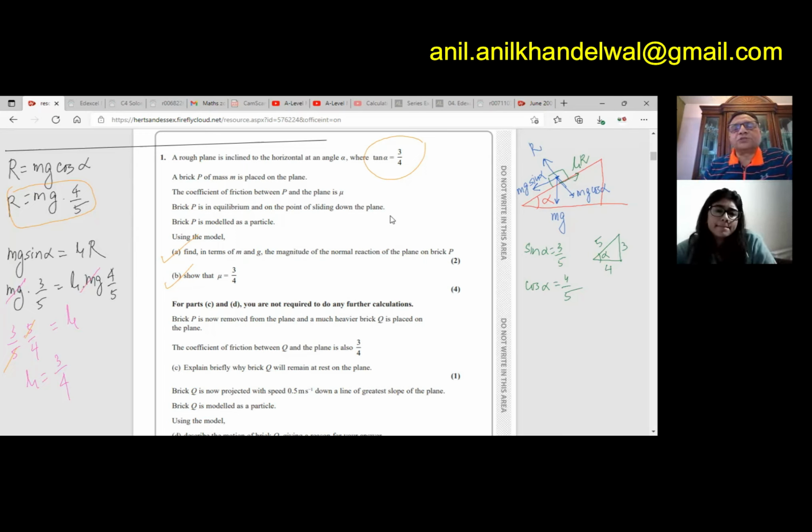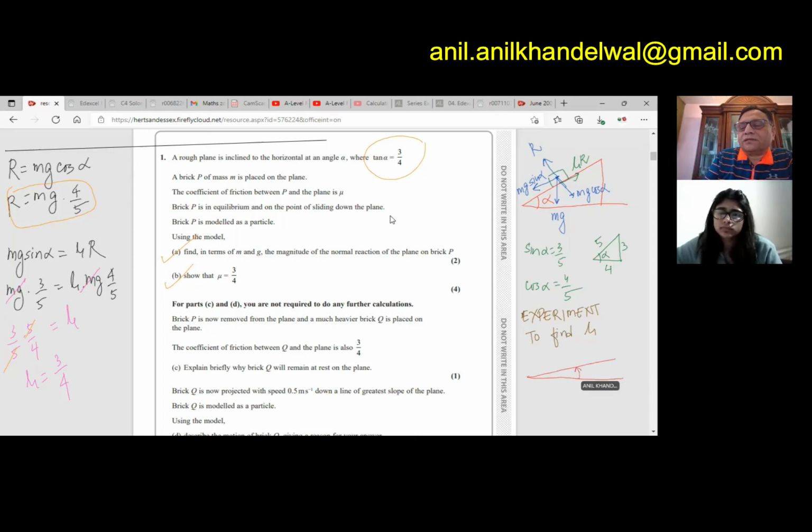So basically, experimentally, if you want to find the value of mu, how do you find it? This is also very important because let us say in the lab we do experiments to find mu between any two surfaces. If you have to find the coefficient of friction between any two surfaces, you begin by keeping a mass on a plane which can be turned.